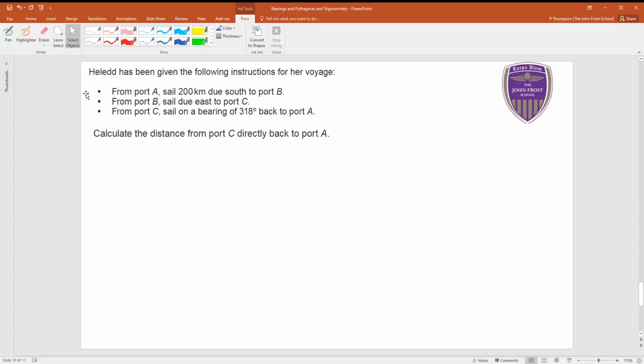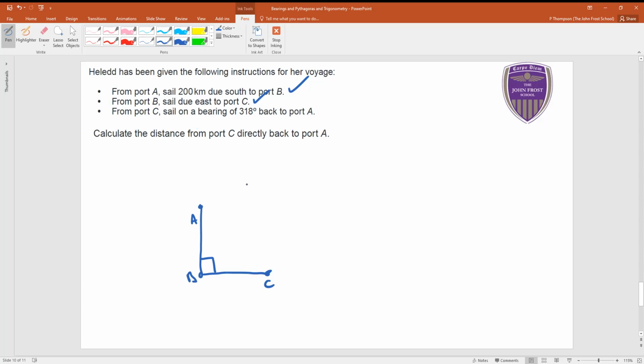Okay, welcome back. So I'm going to sketch a picture again here. All right, so from port A, let's call that A then, sail 200 kilometers due south to B, can do. Then sail east to port C. So that is definitely a right angle there.